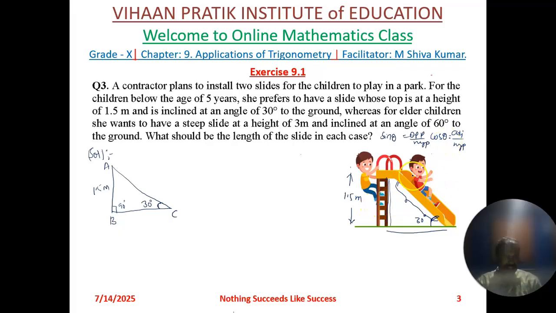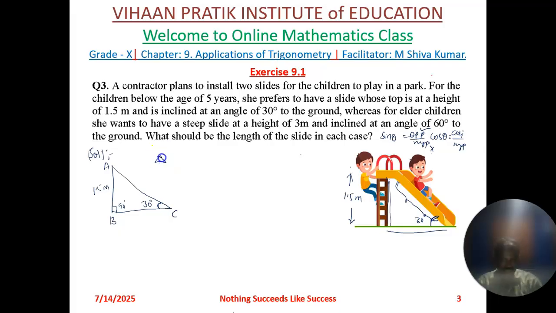Now here our interest is only to find the length of the slide so that she can give the order for manufacturing it. We know the opposite, we don't know the hypotenuse, so we can easily find the hypotenuse using sine theta. So the best trigonometric ratio we can use here is sine theta.